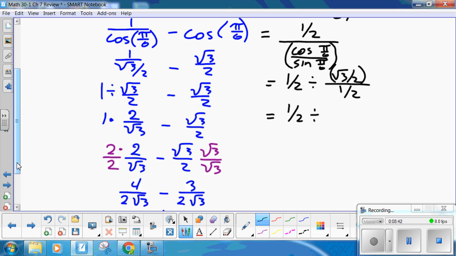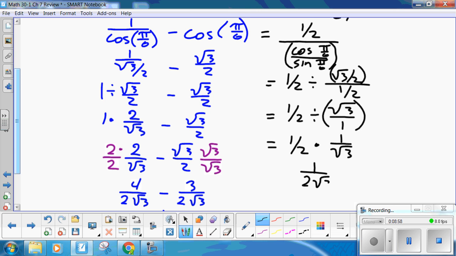Now notice common denominators. So that simplifies to square root 3 over 1. Now I'm leaving it like that because when you divide by a fraction, it's the same as multiplying by the reciprocal. Now there's more than one way to do that. I just did that, what I think is the quickest way. Okay, so far so good.